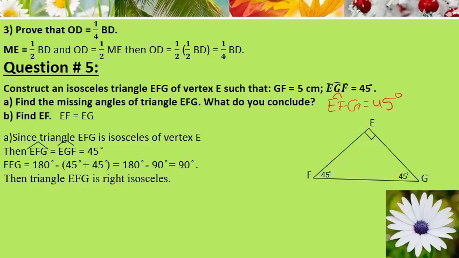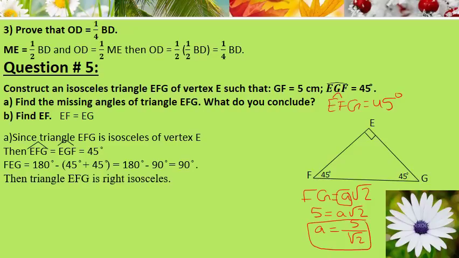Yes. In the right isosceles triangle, we have taken a rule which is FG is equal to A radical 2. A is the side. How much is FG? 5 is equal to A radical 2, then A is equal to 5 over radical 2.